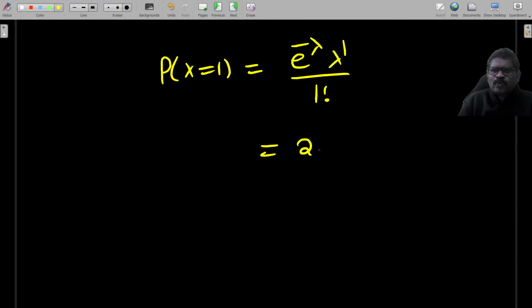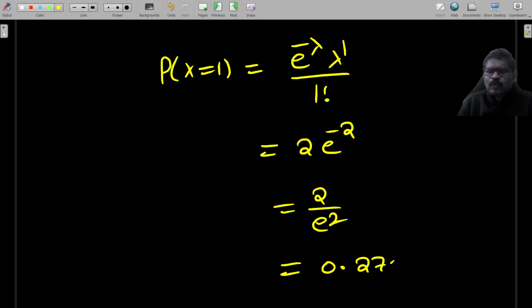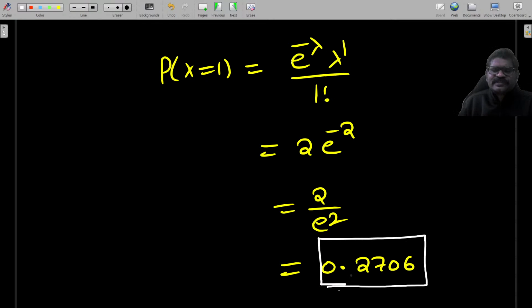So lambda value 2: 2 into e power minus 2, that is 2 by e square, which is 0.2706. The required probability is 0.2706.